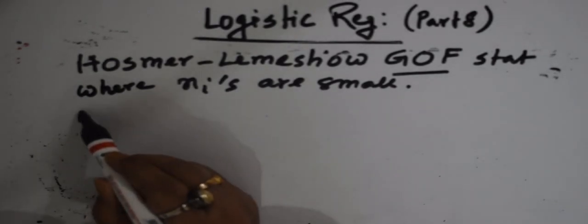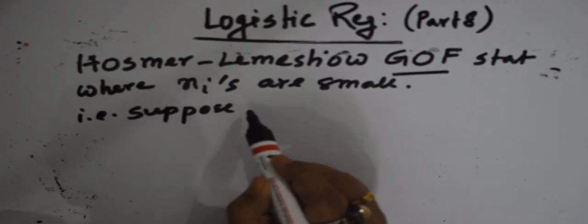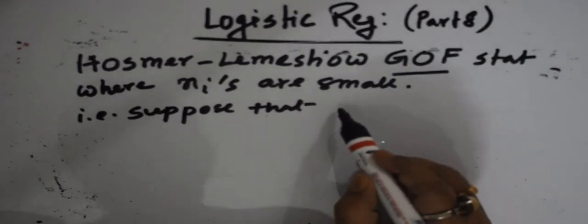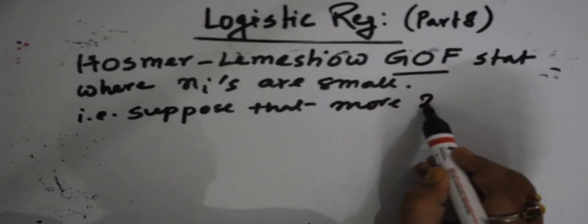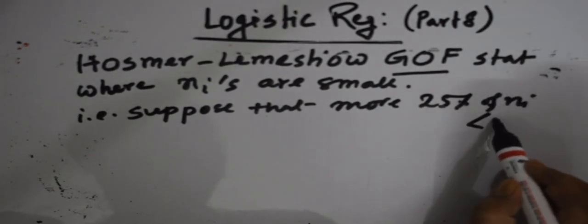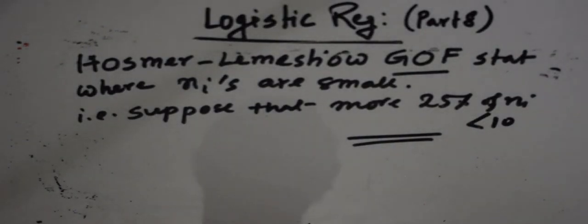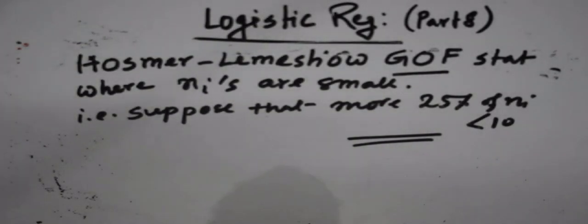That is, suppose that more than 25% of Ni are less than 10. So we already mentioned, in that case, we cannot use deviance statistics or Pearsonian chi-square because they are not approximated by chi-square.